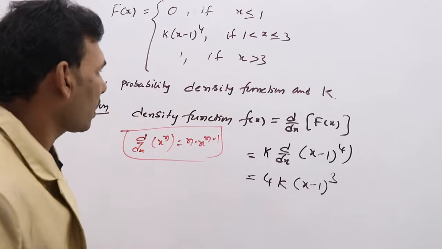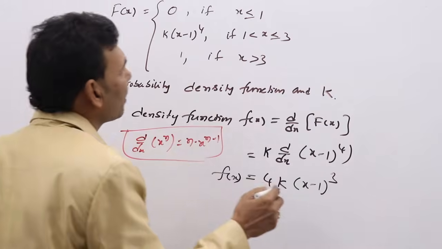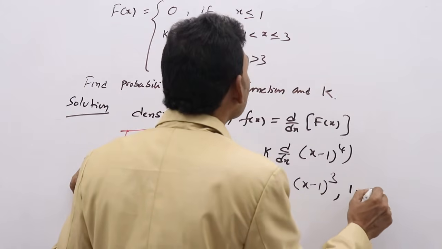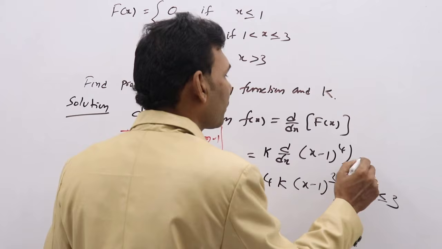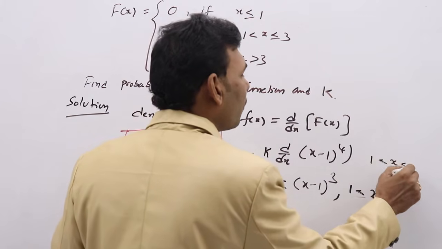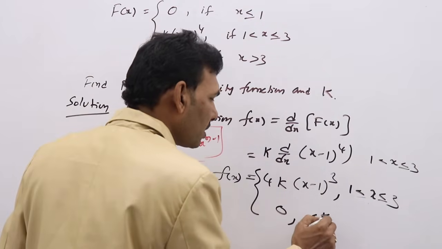Differentiation of x is 1. So this we will take as small f of x in the interval 1 less than x less than or equal to 3. In this interval we are calculating. In the remaining intervals, what happens? 0.